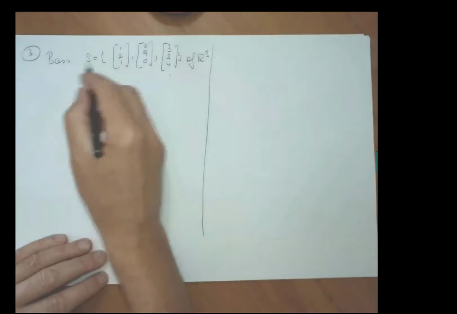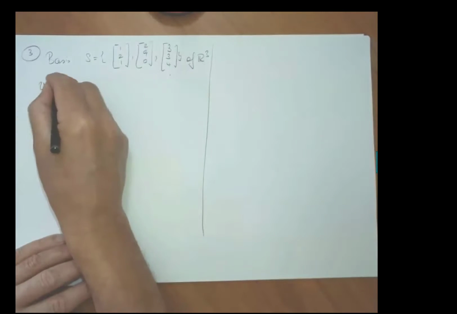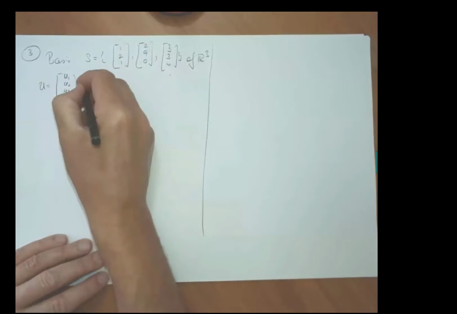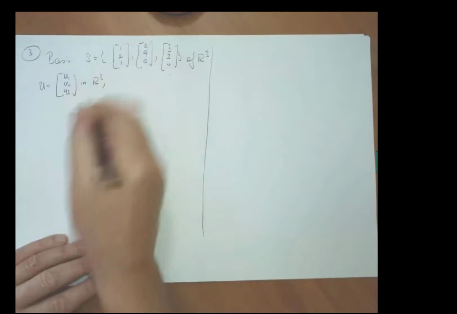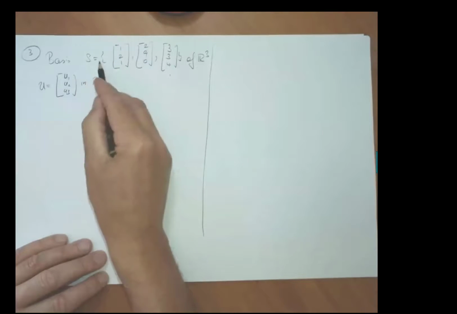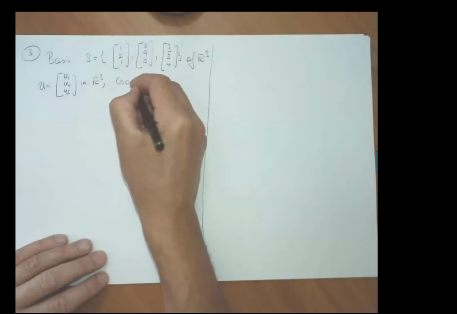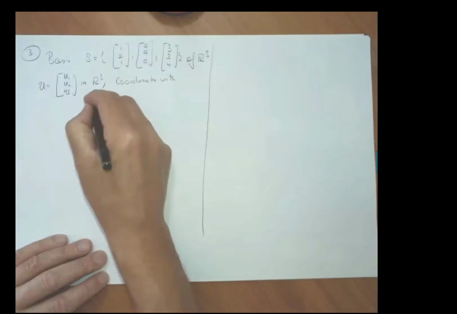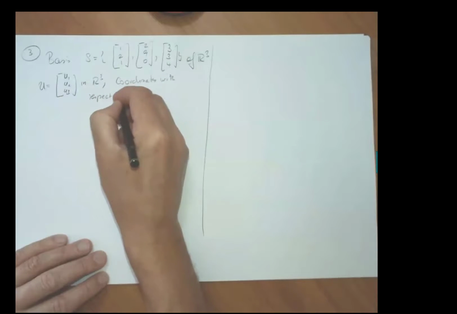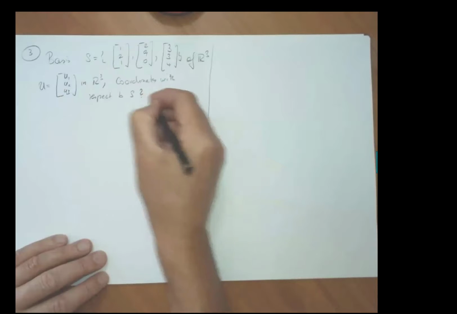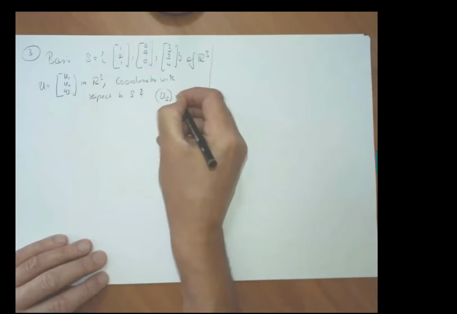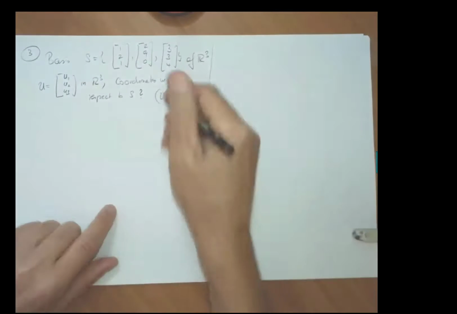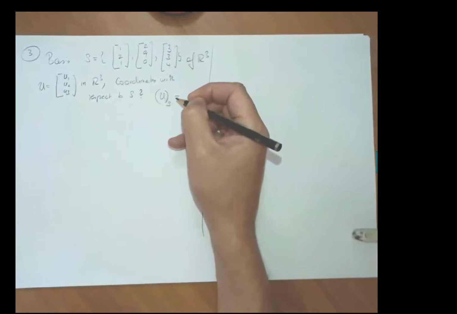So now the question is, if you have a vector u in R3, what are the coordinates with respect to S? So the question is, what is actually u_S? Sorry, what are the coordinates of u with respect to S?